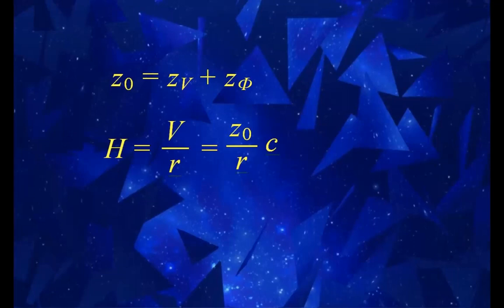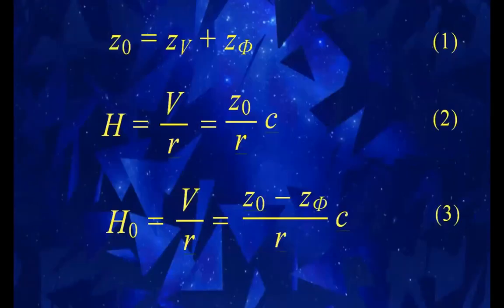The correct equation is equation 3. It is because the observed redshift of each galaxy, z sub 0, contains a non-Doppler redshift z sub phi. To find the Doppler redshift z sub v, we need to subtract the non-Doppler redshift z sub phi from the observed redshift.